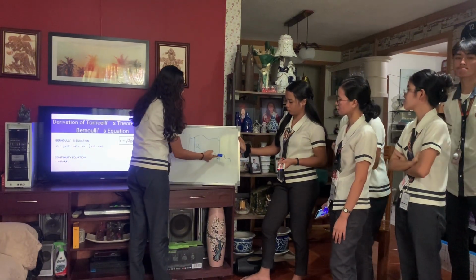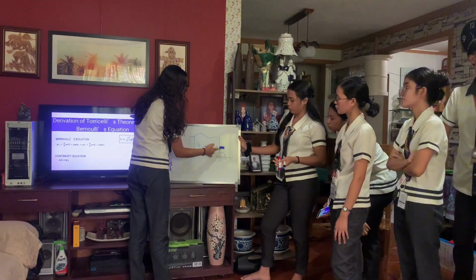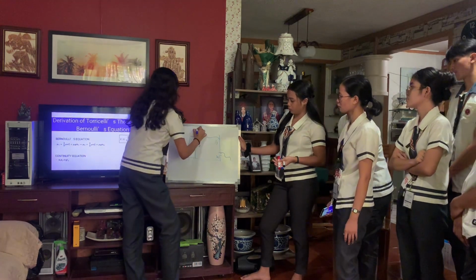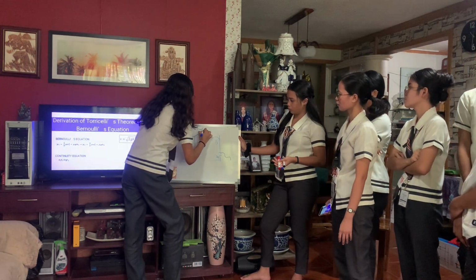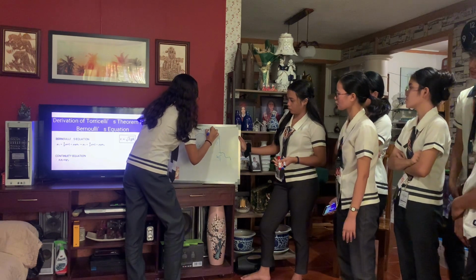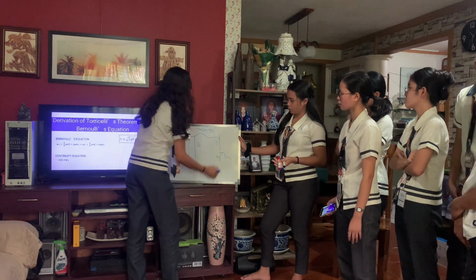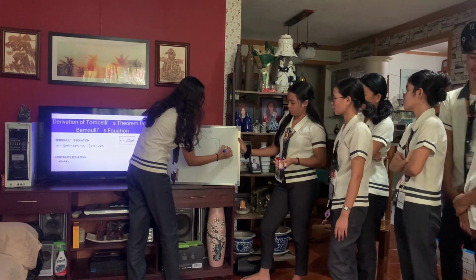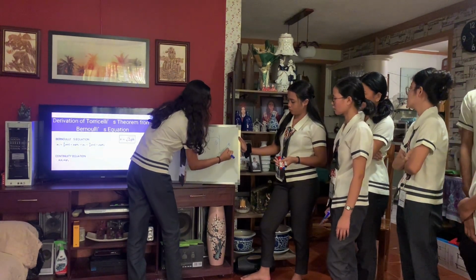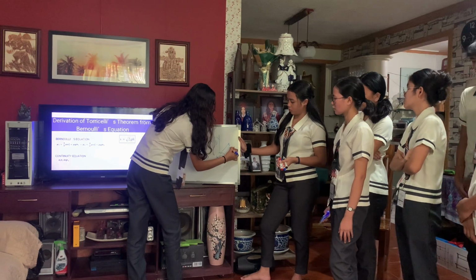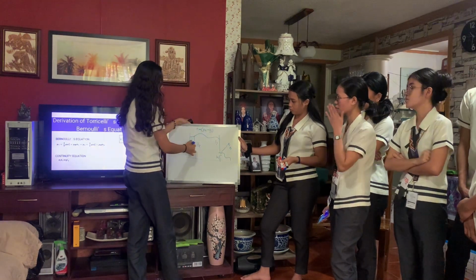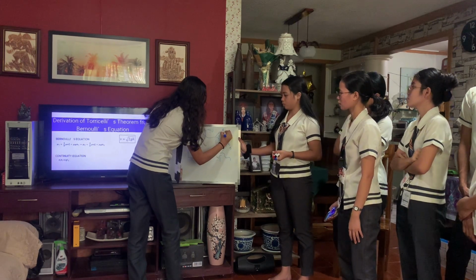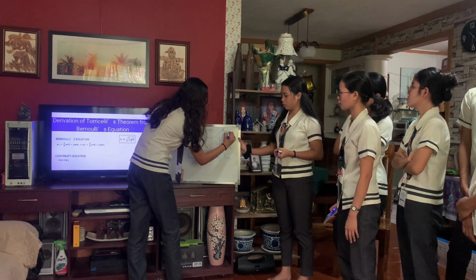The distance from the hole up to the water surface is h, because the height is equal to y2 minus y1. This cross-sectional area here is labeled as area 1, which has a velocity of v1, and this cross-sectional area here is labeled as area 2, which has a velocity of v2.